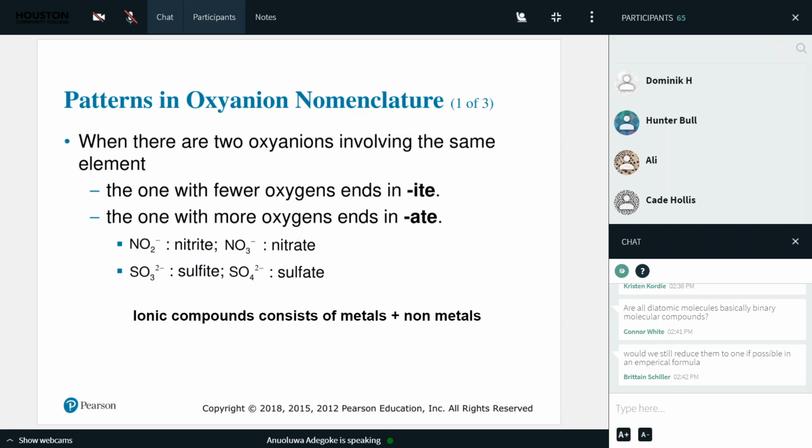Let me give us a good, easy example. I'll use calcium oxide. This is CaO, and the name of this is calcium oxide.